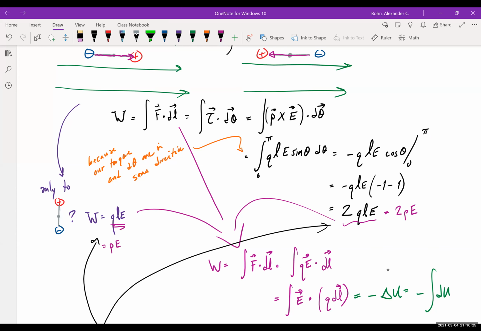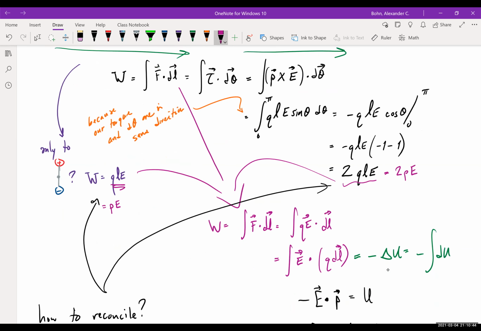What I'm aiming for is a potential energy statement, a formula, a function for potential energy as a function of angular orientation of a dipole moment in a field. I started thinking about the fact that work is force dot dl, which, since we're talking about an electric field, the force is QE dot dl.